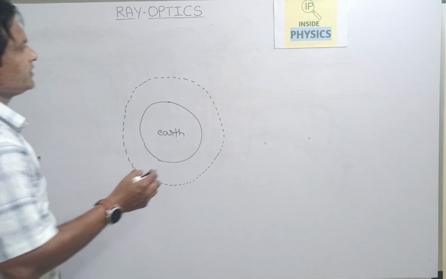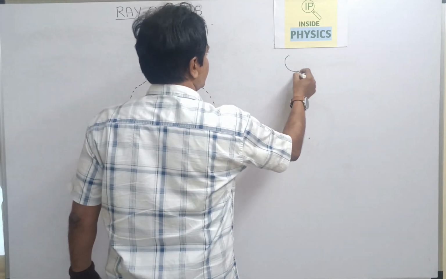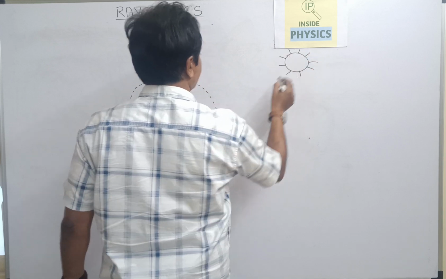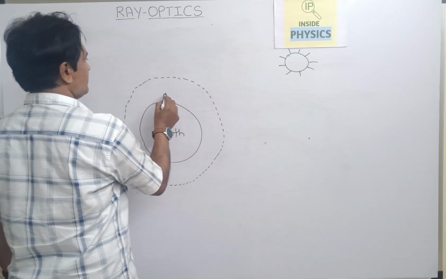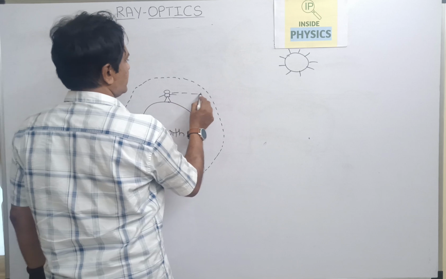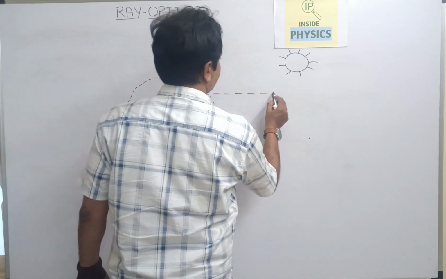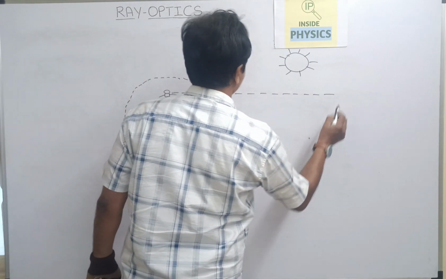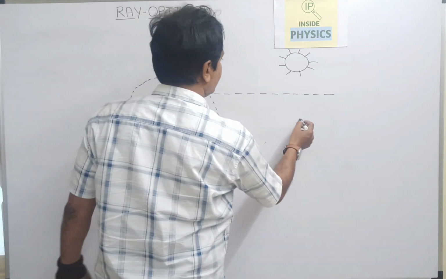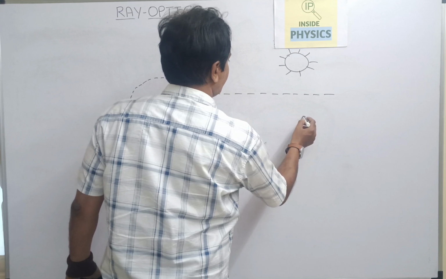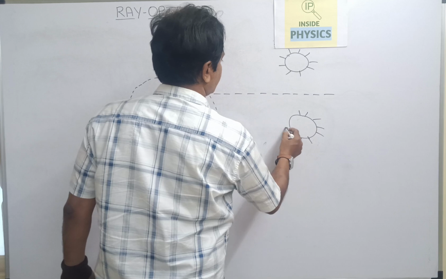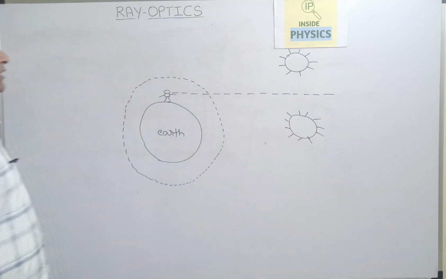So we take the sun position here, and if you observe from the earth, this line of observation is called the horizon, and the actual position of the sun may be here, before sunrise.